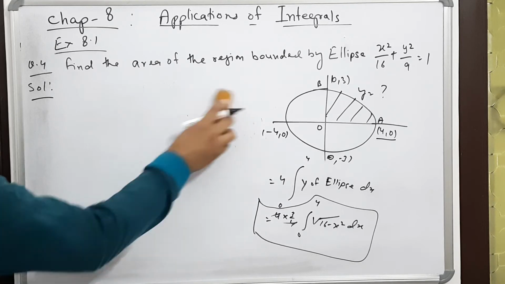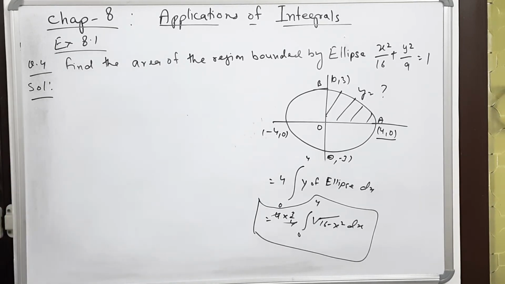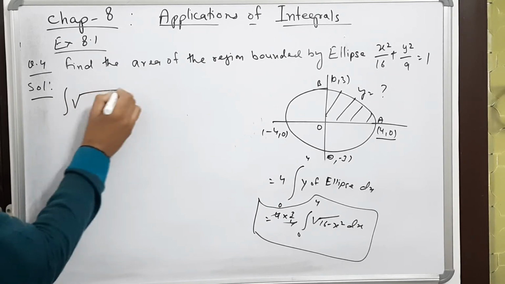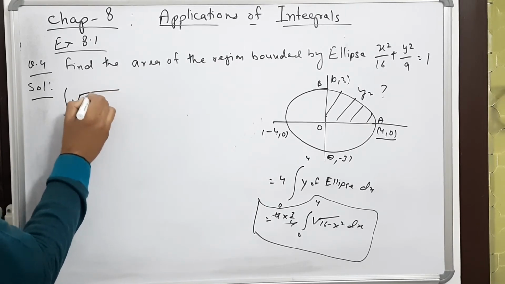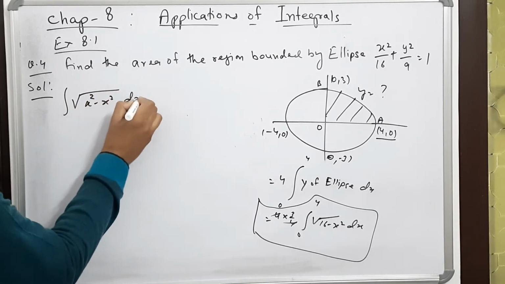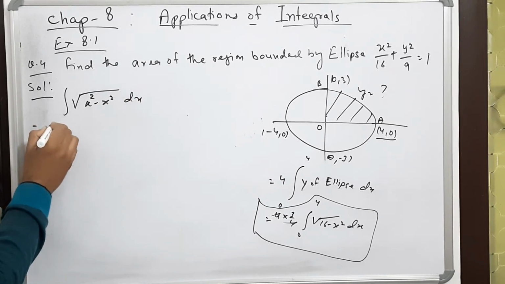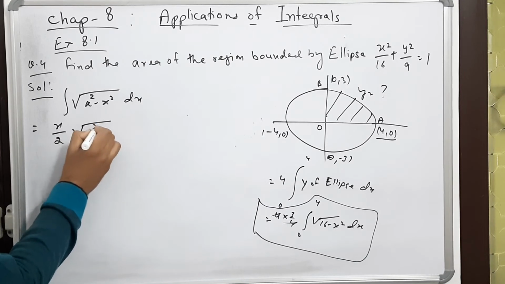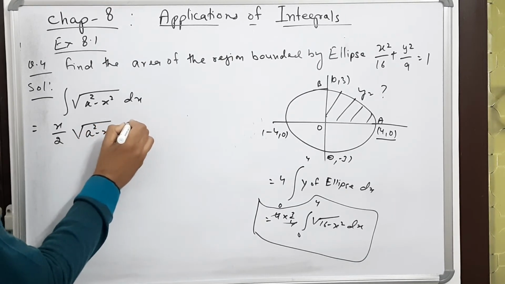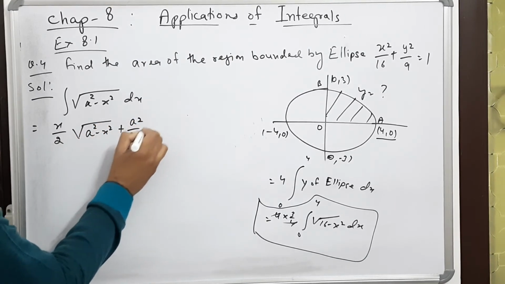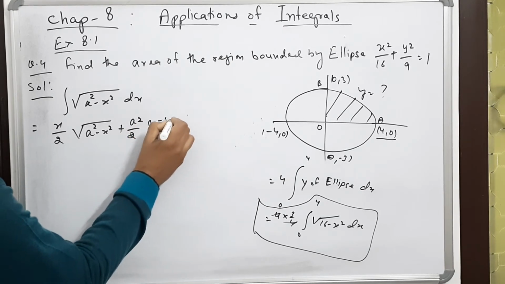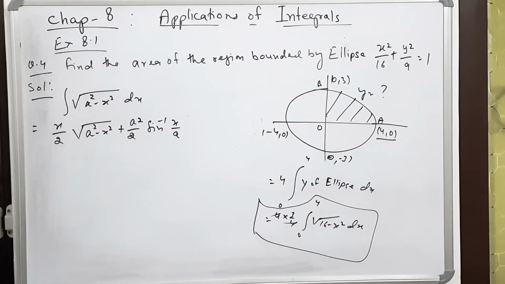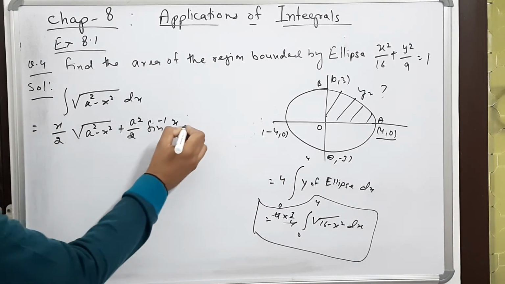Now here we will apply one formula of the integration, and that is integration of root a square minus x square dx, and it is equal to x by 2 root a square minus x square plus a square by 2 sine inverse x by a, plus c.